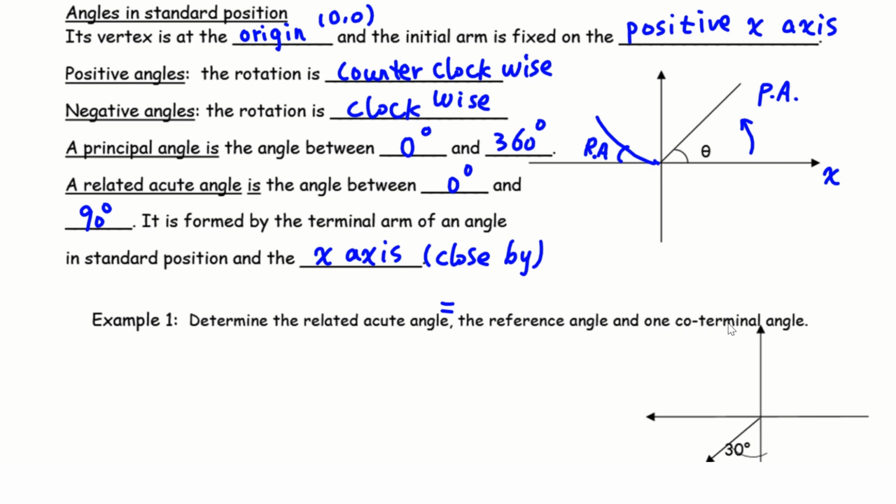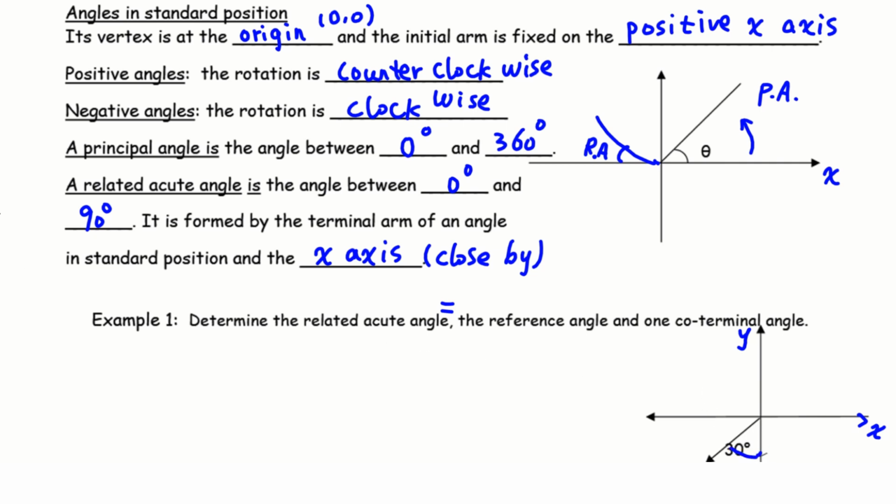And a coterminal angle has the same terminal arm, but could be other angles: plus 360, minus 360, or 360 times 2, and you will have coterminal angles. So this is the positive x-axis, this is the positive y-axis, and this is 360 degrees.